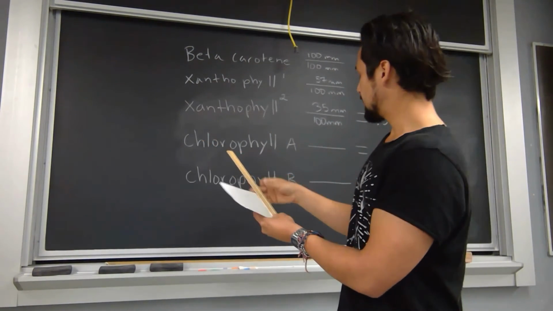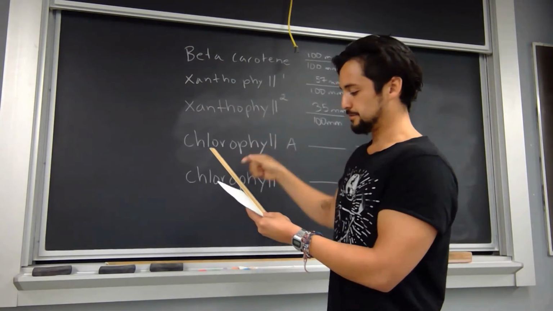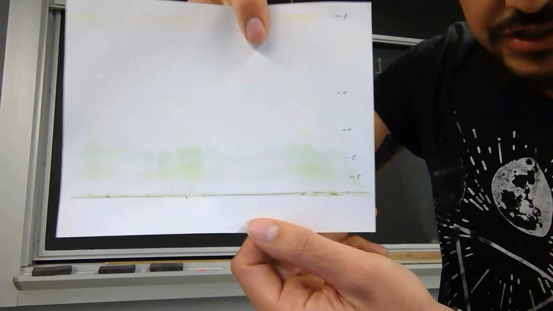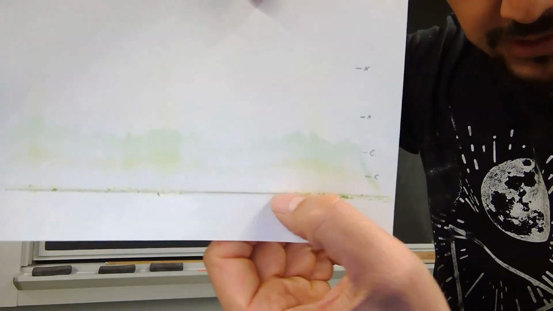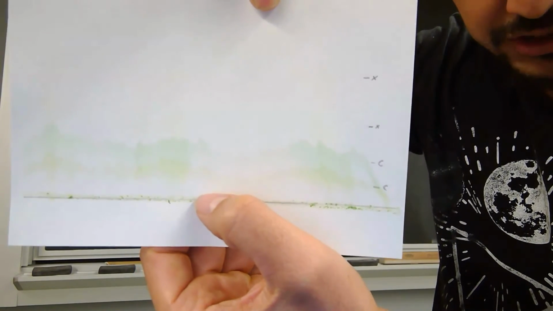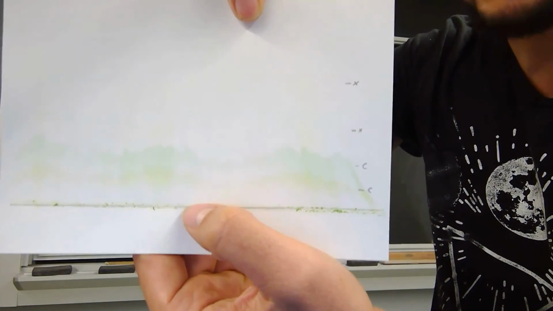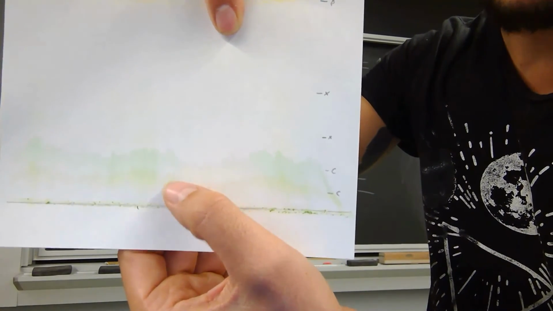The third pigment down that we're measuring is chlorophyll A. The chlorophyll A and chlorophyll B ran very close to each other. You can see those are those lower pigments. Remember, this is the line we made with the original juice from the spinach leaves. And these are your 2 pigments that have separated there.